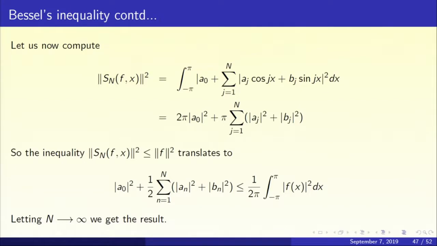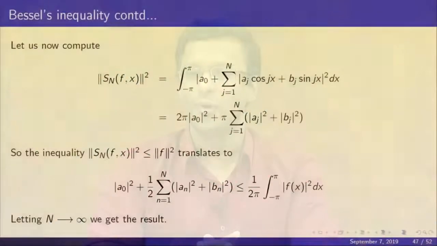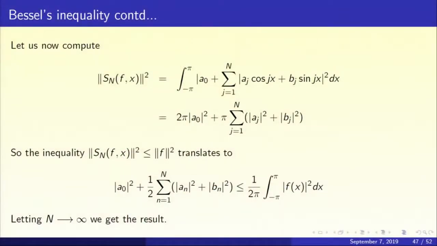So which terms survive? The |a0|², |aj|² cos² jx, which gives a non-zero integral, |bj|² sin² jx, which gives a non-zero integral, etc. We get ‖Snf‖² equals 2π times |a0|² plus π times the sum from j = 1 to n of |aj|² + |bj|².